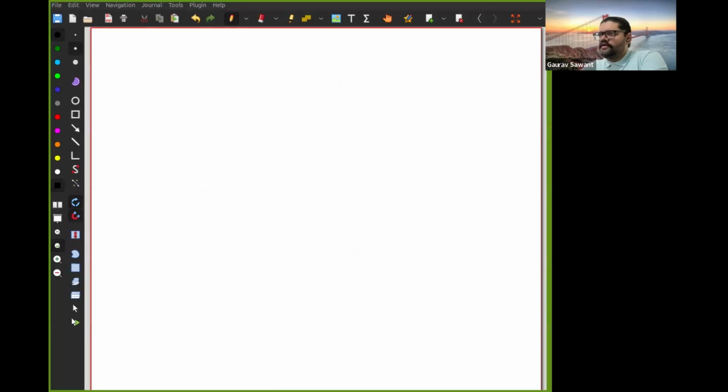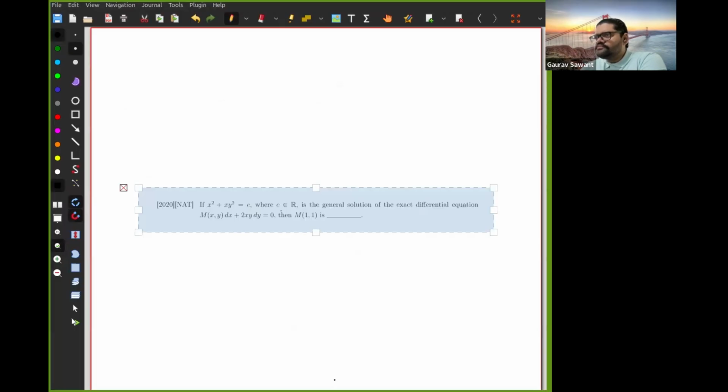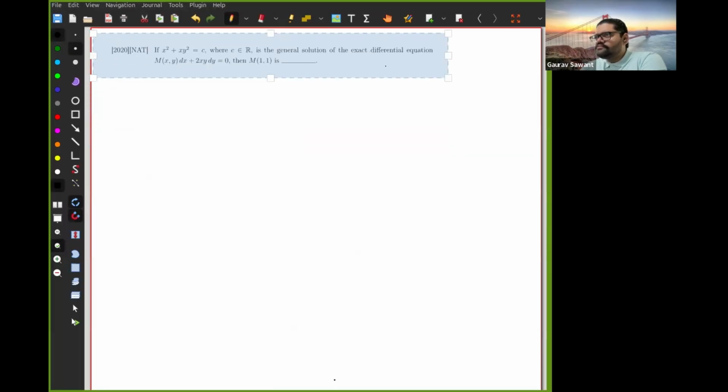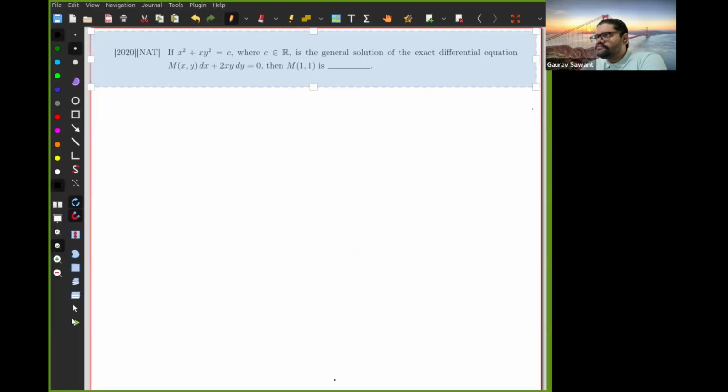So let's look at a math type question. In this particular question, the M is not given, but N is given, and you just have to go ahead and find the value.